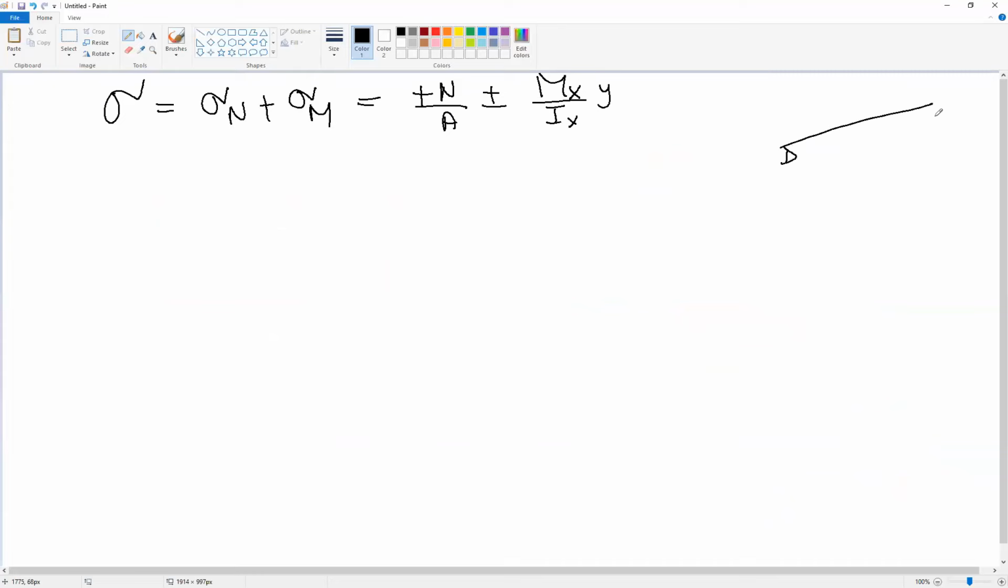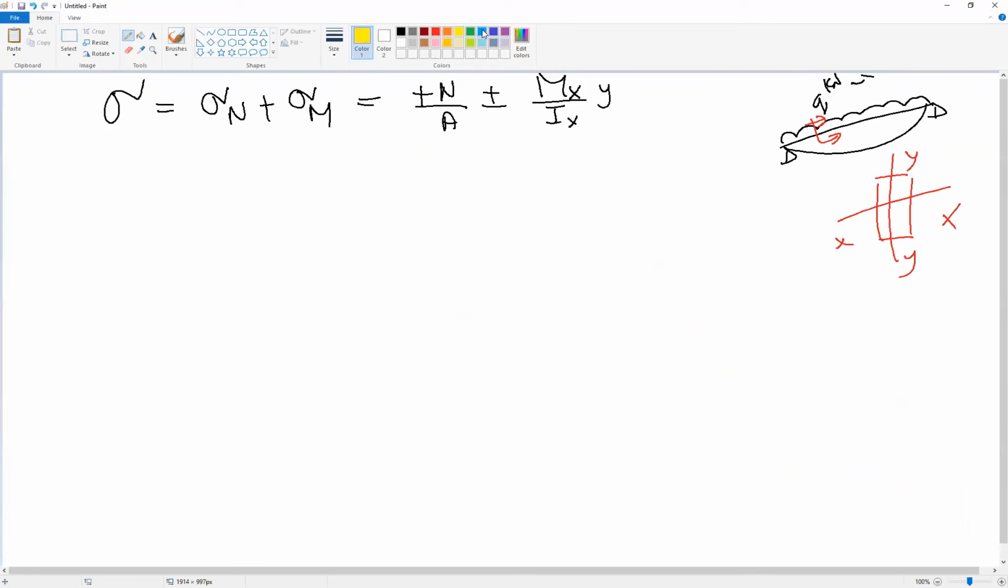I will show you: if we have Q kilonewton per meter in this direction, and we make a cut here in this section, this will be the x-axis and this the y-axis.